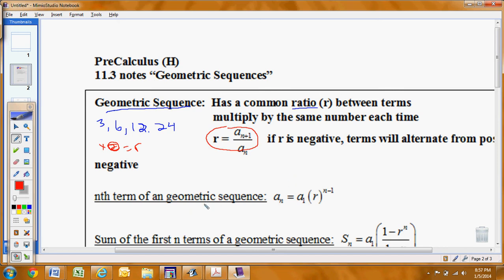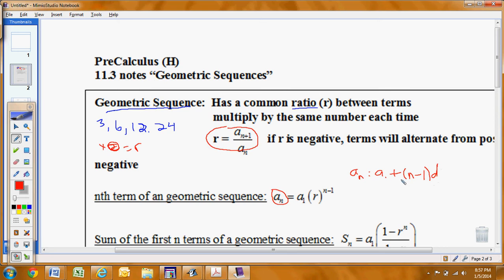All right, just like arithmetic sequences, there are formulas to find any term. To find the nth term of a geometric sequence, you take the first term and multiply that by r, which is the common ratio, n minus 1 times. Now, if you remember, for an arithmetic sequence, it was very similar. For an arithmetic sequence, it was a sub n equals a1 plus n minus 1 times d, because we were adding d n minus 1 times.